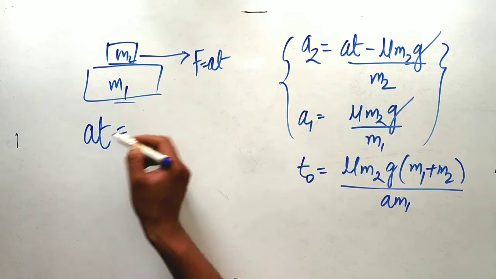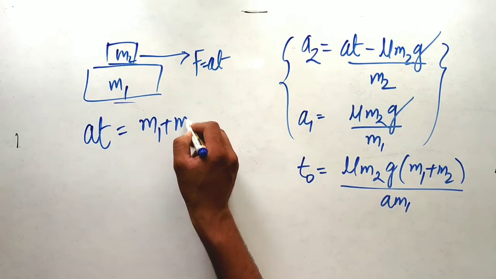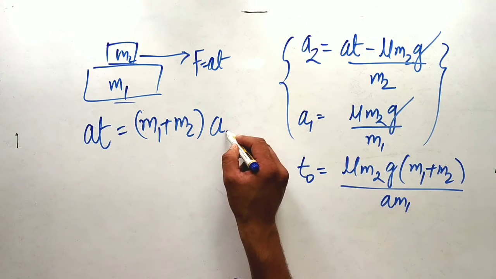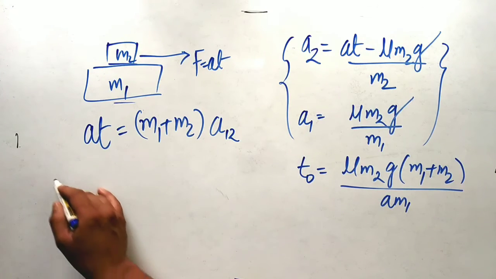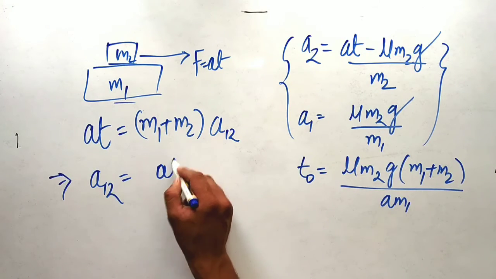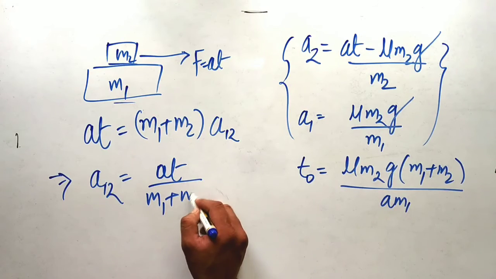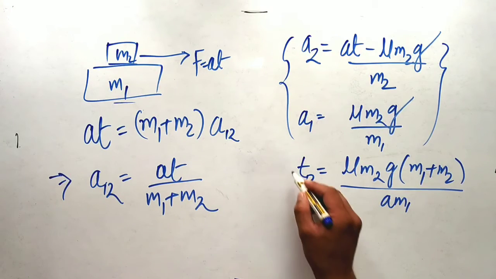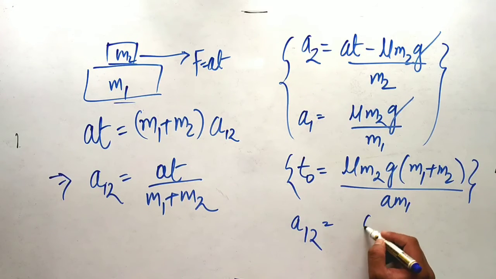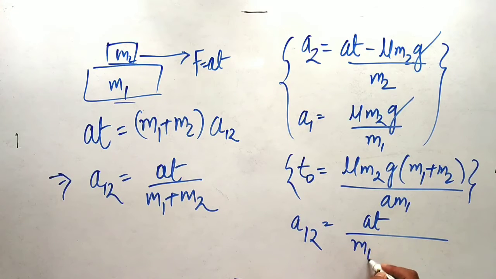So AT, the force, will be equal to (m1 plus m2) into A12, the acceleration of both the bodies together, which gives us A12 equal to AT divided by (m1 plus m2). Again, we got another point which is going to help us draw the graph for these two bodies. The acceleration of these two bodies together has the value AT divided by (m1 plus m2).